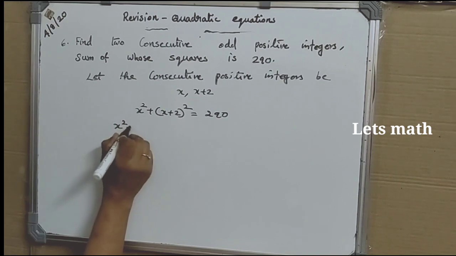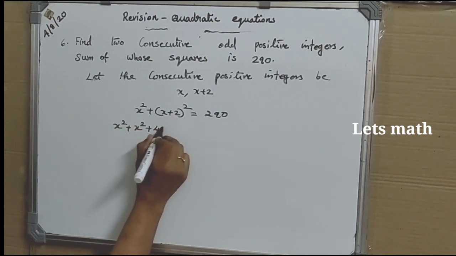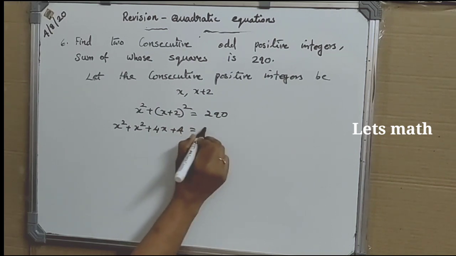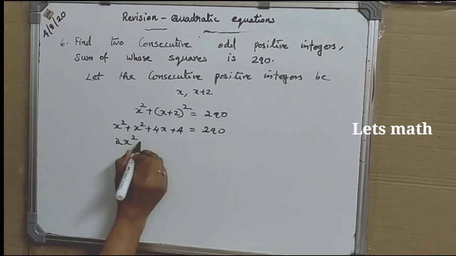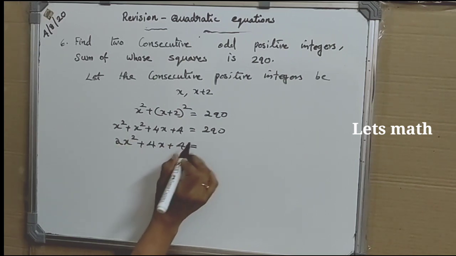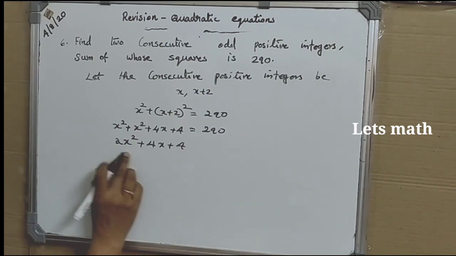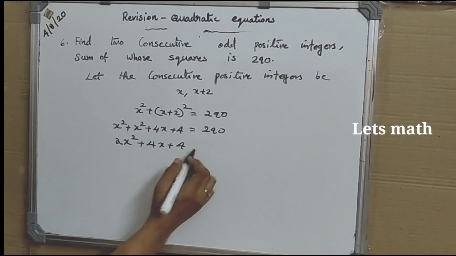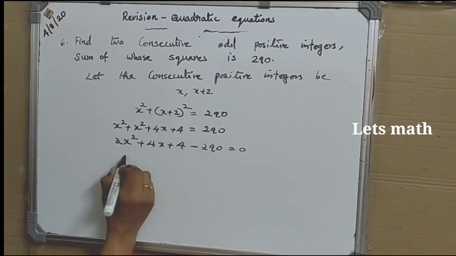So a plus b whole square, okay, a square plus 2ab plus b square. X square plus x square we get 2x square plus 4x plus 4 equal to 290. That is, we can write here 2x square plus 4x plus 4 minus 290 equal to 0.